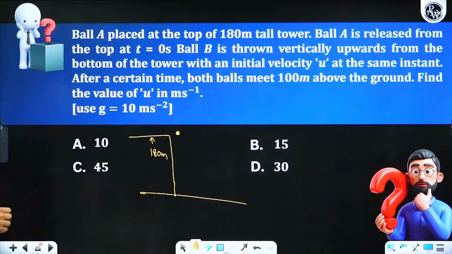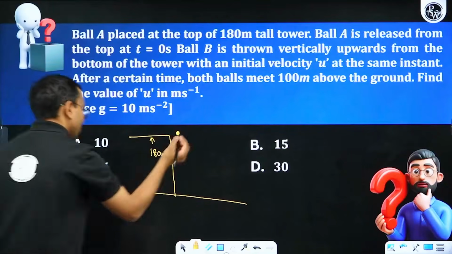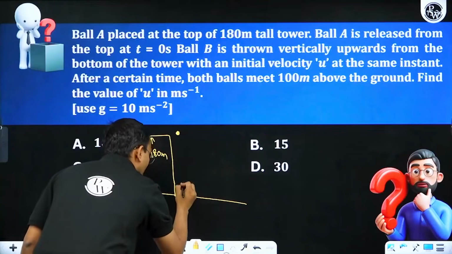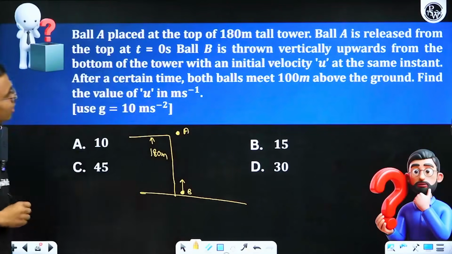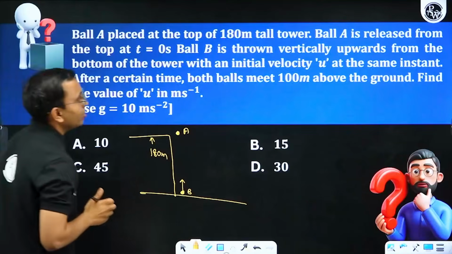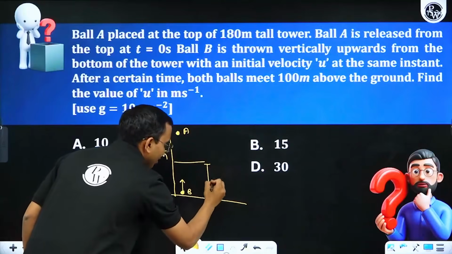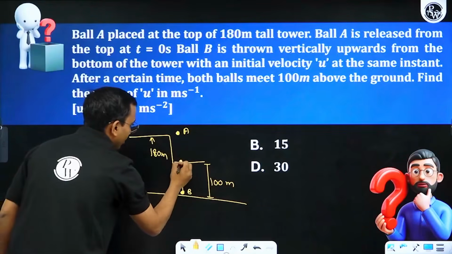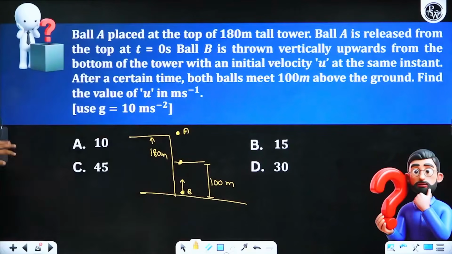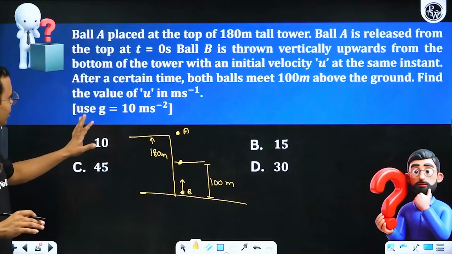Ball B is thrown vertically upward from the bottom of the tower with an initial velocity u at the same instant, means at t equals 0 only. After a certain time, both the balls meet 100 meter above the ground, means here 100 meter above the ground they collide. Find the value of u.